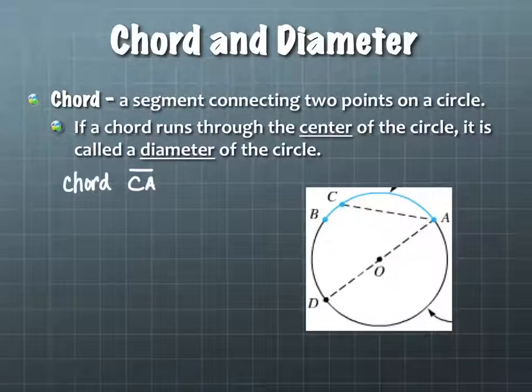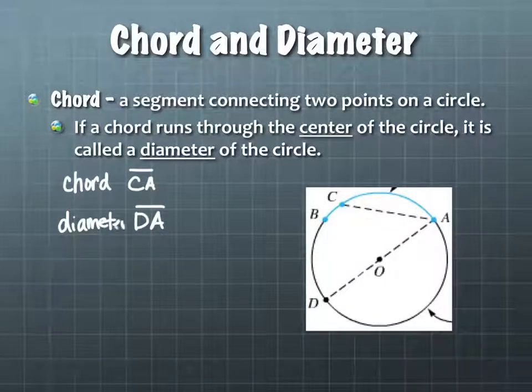Now, it's actually true that DA is also a chord. Okay, but we can define it a little bit more precisely by calling it a diameter because it's a chord that runs through the center. So this would be a diameter DA. We see this happen, this sort of a definitional difference.